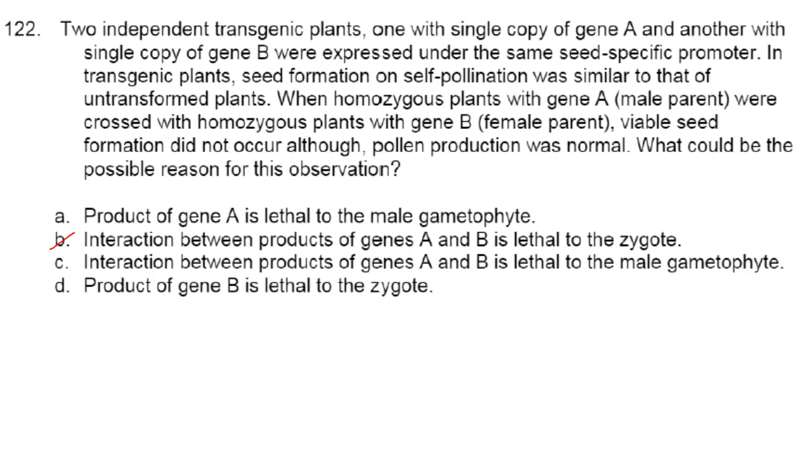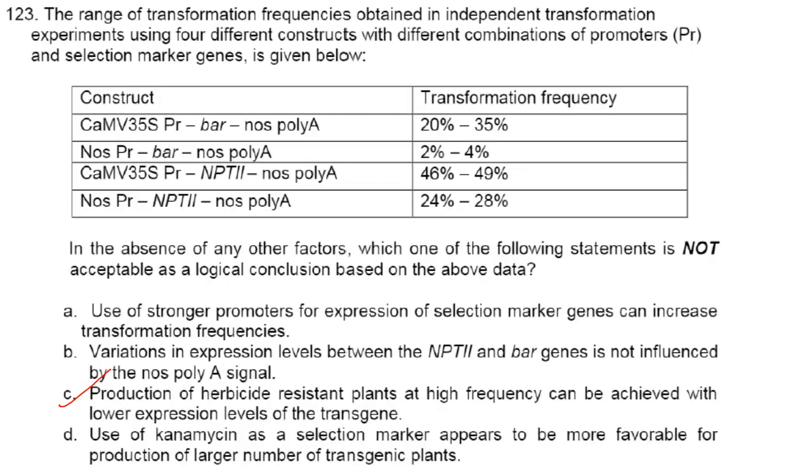That is why you did not get viable seeds. Then interaction between products of A and B is lethal to the male gametophyte. That is not correct. Product of gene B is lethal to the zygote is also not correct. Answer is option B.